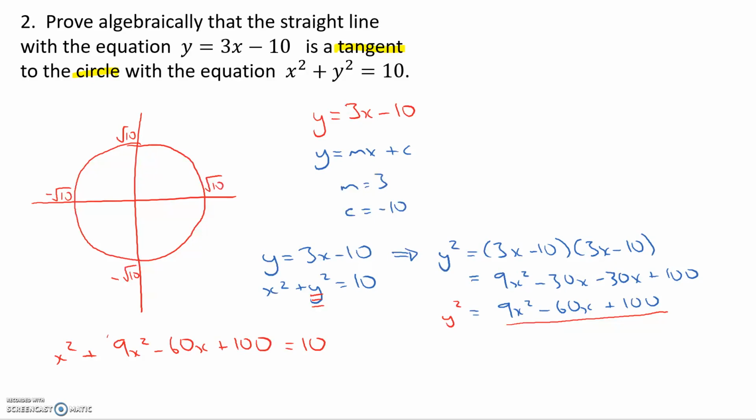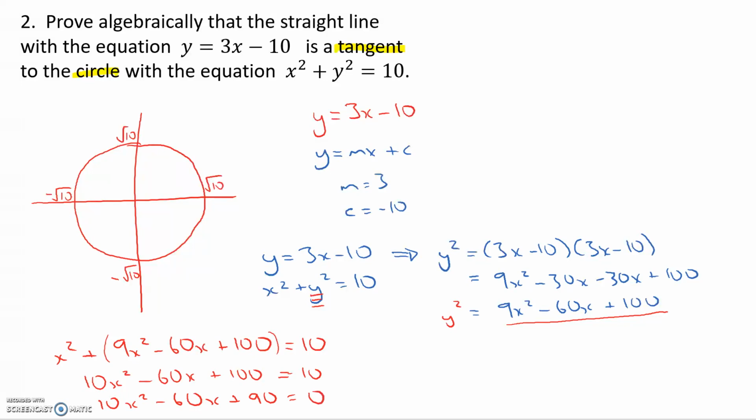So we've got x squared plus this is equal to 10. Alright, simplify that. It gives me 10x squared minus 60x plus 100 equals 10. Alright, so to solve this, that's going to give me 10x squared minus 60x plus 90 equals 0.